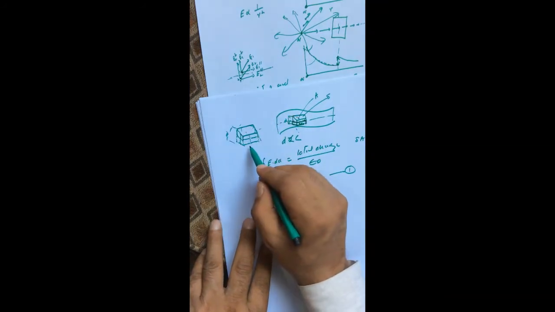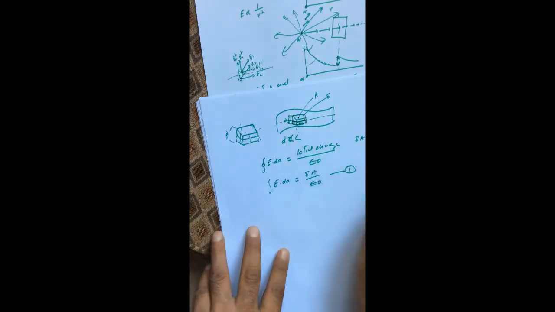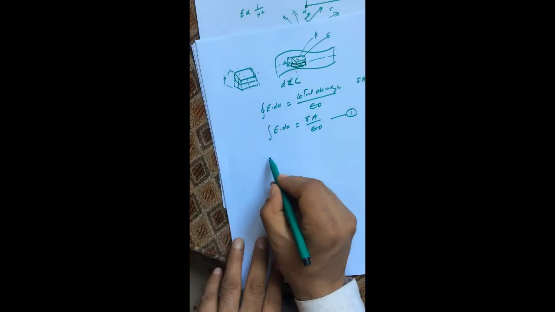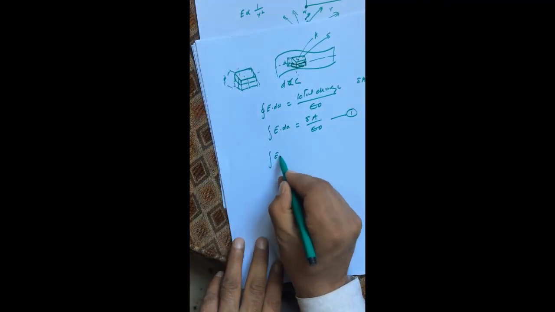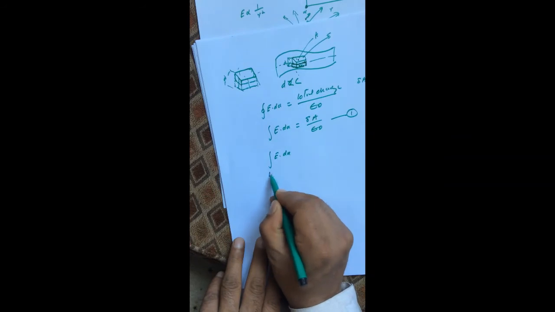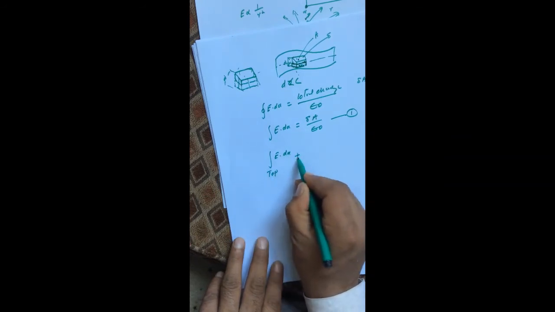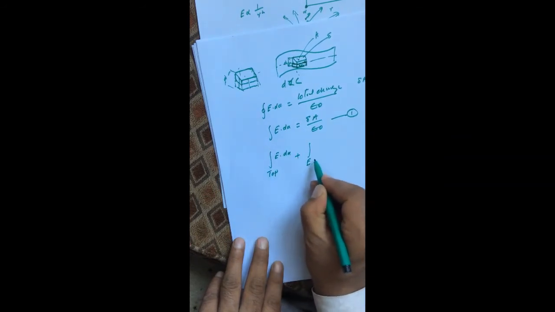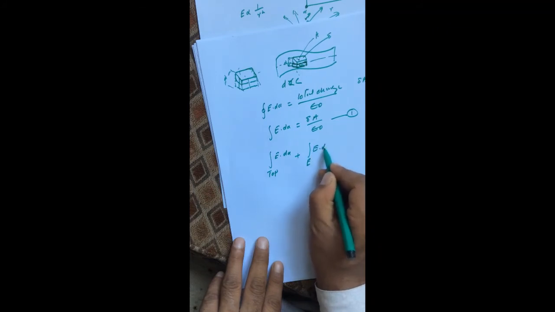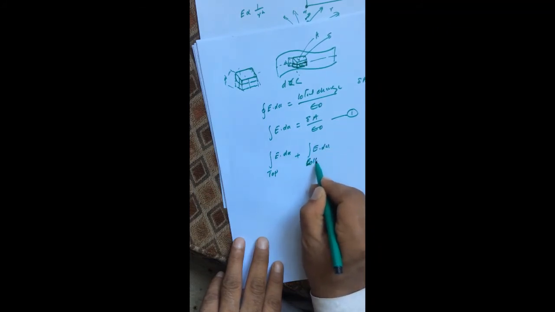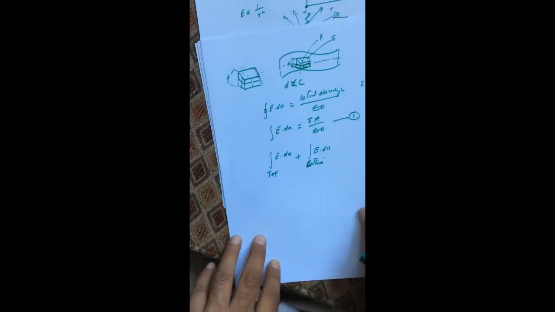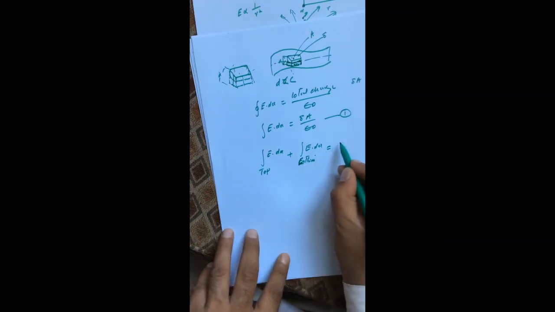So the total contribution to the flux will be E dot dA from the top plus E dot dA from the bottom, which is equal to total charge enclosed divided by epsilon naught.